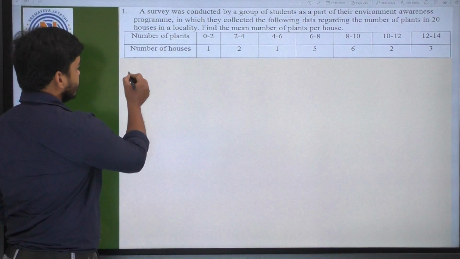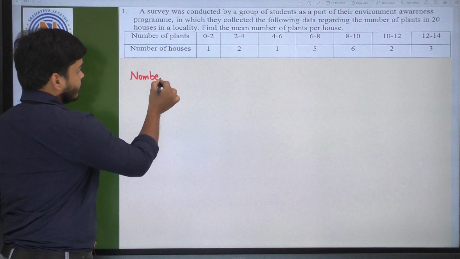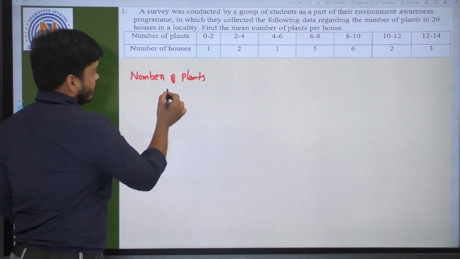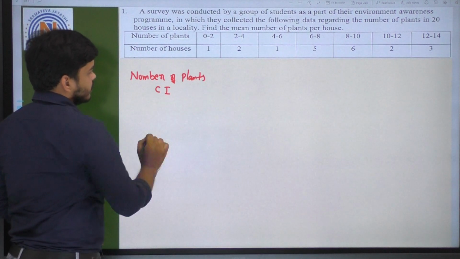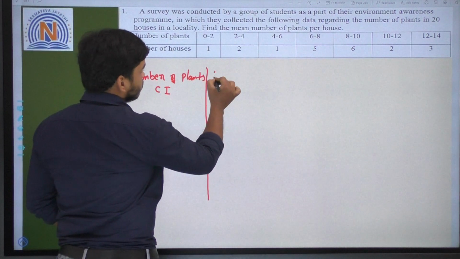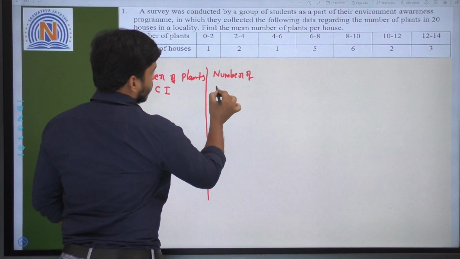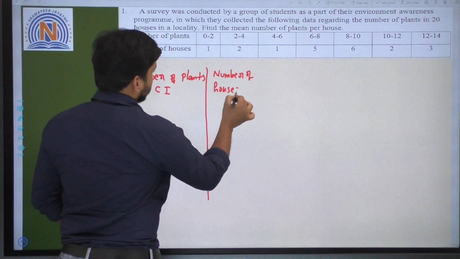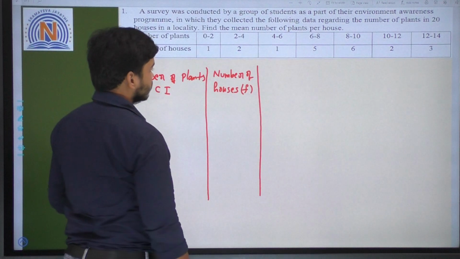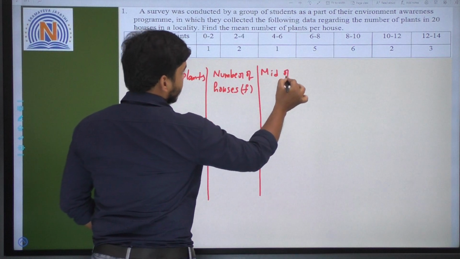The number of plants is the class intervals Ci, and the number of houses is taken as frequency, and the next one is the mid value of the class interval.